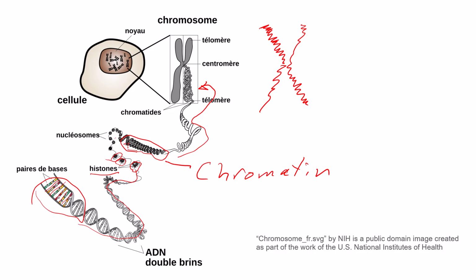Because in the body, remember we have 46 copies of the chromosomes. And so in our next slide, we're going to talk about how the cell makes copies of the chromosomes and gives one copy to each cell when the cells divide.